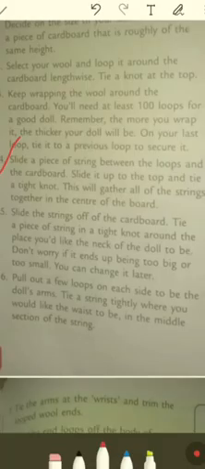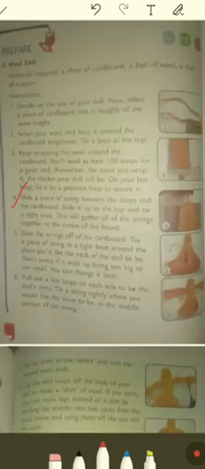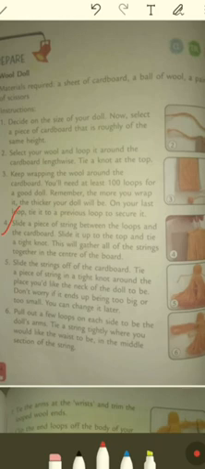Slide a piece of string between the loops and the cardboard, slide it up to the top and tie a tight knot. This will gather all of the strings together in the center of the cardboard. See, corresponding pictures are also provided here. You can refer to the picture if you have doubts, so I'm not demonstrating it now.